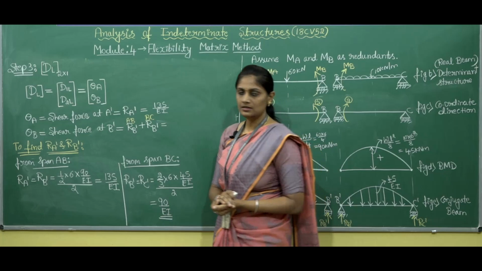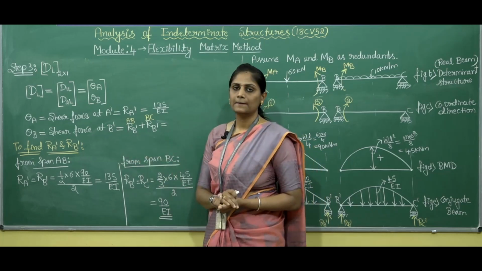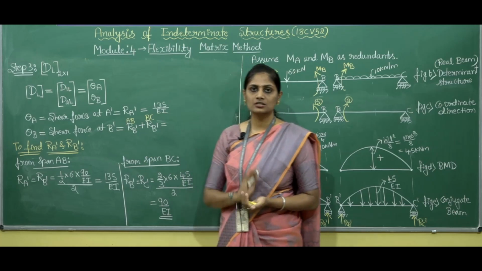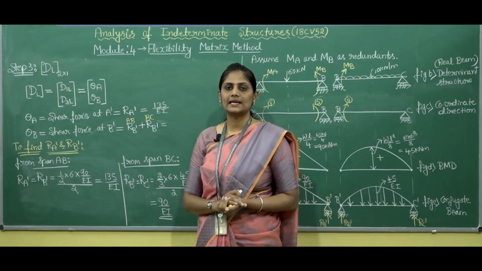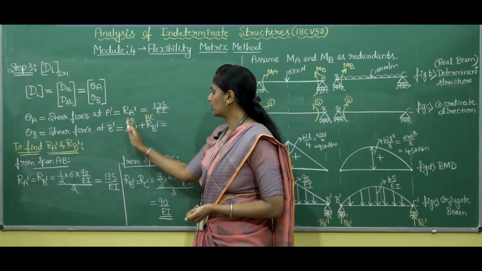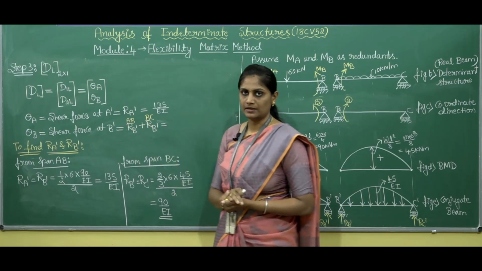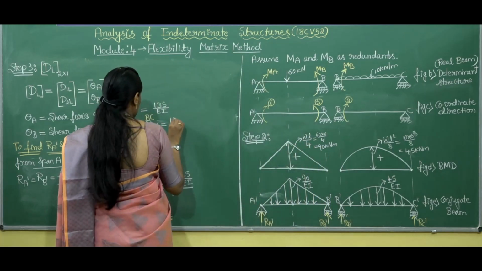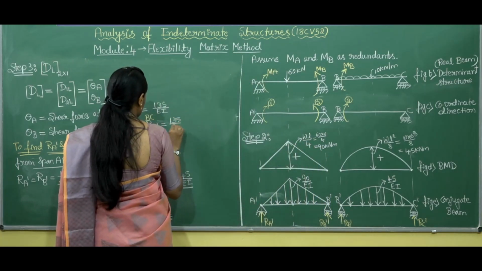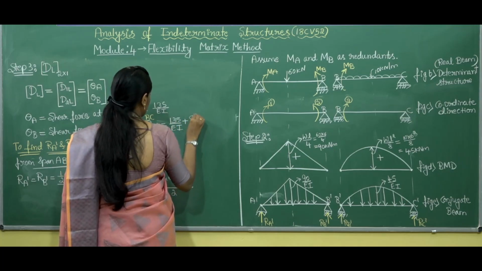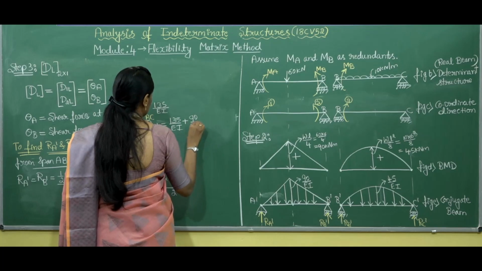Next we have theta B, so that is the shear force at B dash. Since B dash is the common support for both the spans AB and BC, we should find the RB dash for AB span and BC span. So we have got the answers like for AB span, RB dash value is 135 by EI, and for BC span the RB dash value will be 90 by EI.